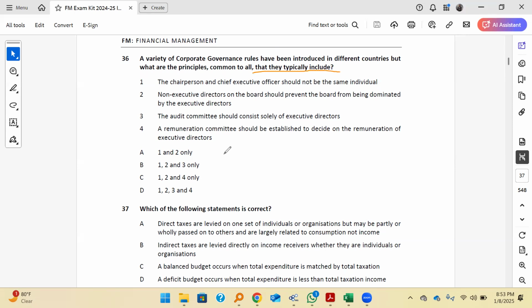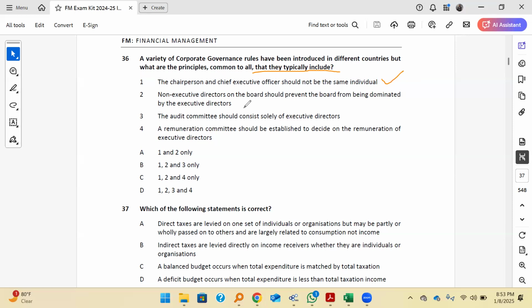So let's see. Chairperson and chief executive should not be the same individual. That is what I talked about one time before. So that is correct. Then non-executive directors on the board should prevent the board from being dominated by executive directors.